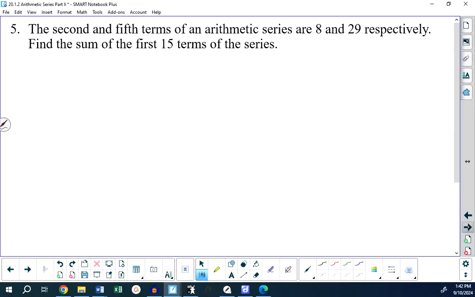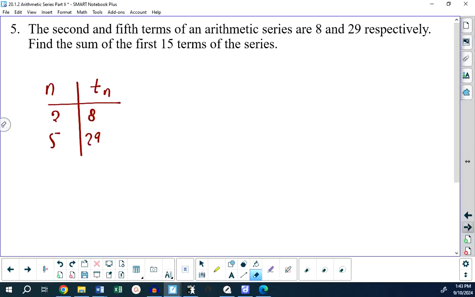Let's take a look at number 5. Part of me wants to just say, oh, let's not do this one, but let's do it. You could have done this one yesterday. What this is saying is that these numbers at the top are not sums.